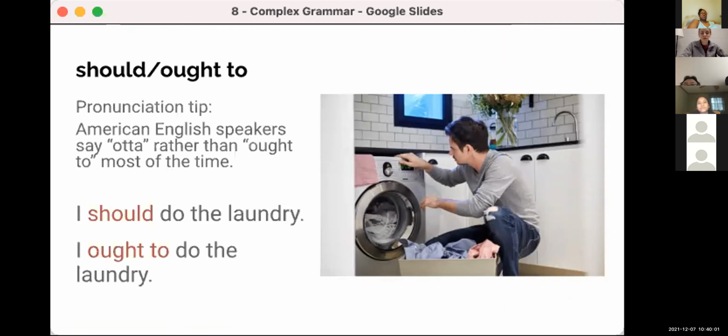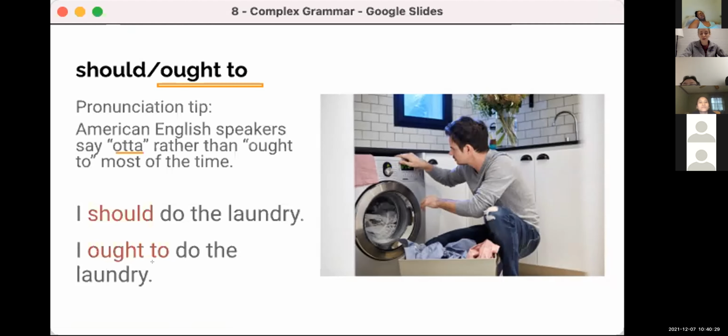Should and ought to have the same meaning. Should is going to be more common for American English speakers. When American English speakers say ought to, it sounds like oughta. I oughta do the laundry.